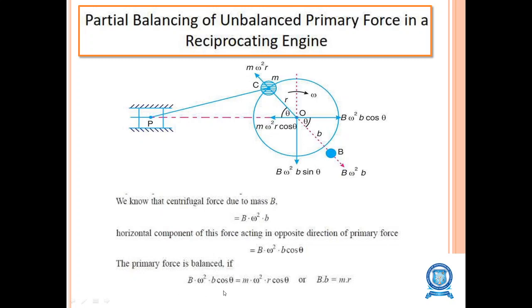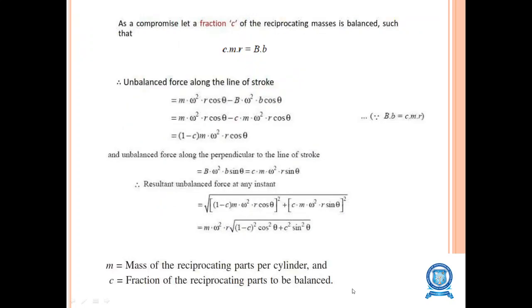The primary force becomes B omega square b cos theta equal to m omega square r cos theta, or Bb equal to mr. To compromise, the fraction c constant, cmr equal to Bb. So the final formula to find the value is m omega square r times root of (1 minus c) square cos square theta plus c square sin square theta, where m is the mass of the reciprocating parts and c is the fraction of the reciprocating parts to be balanced.